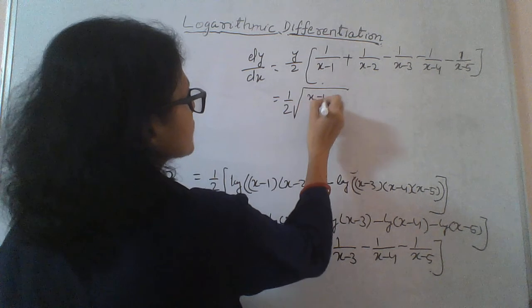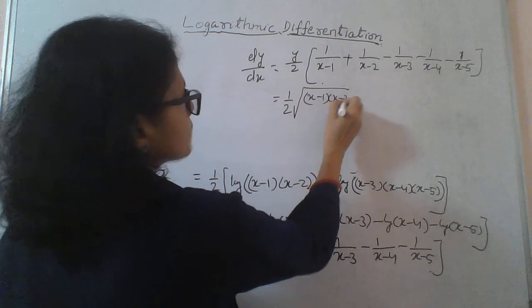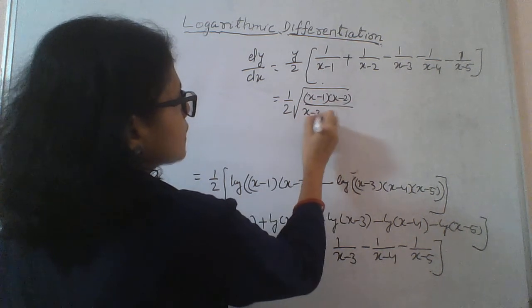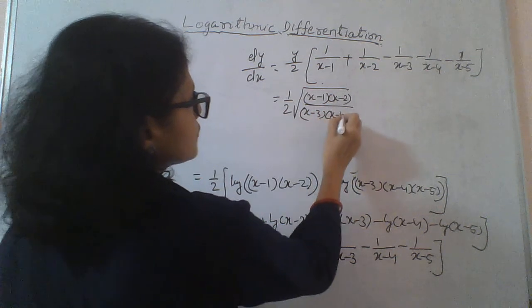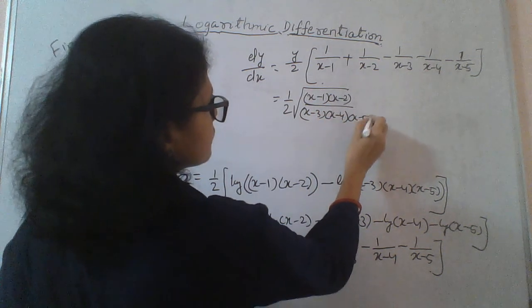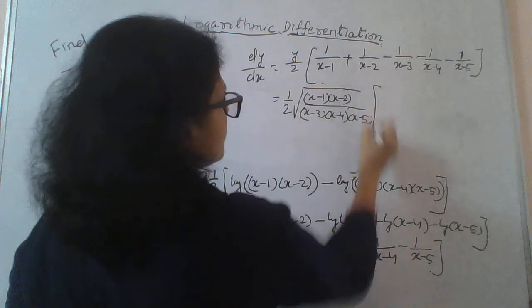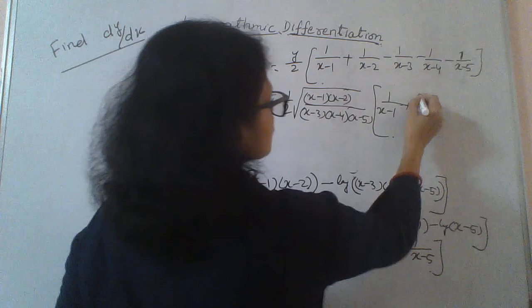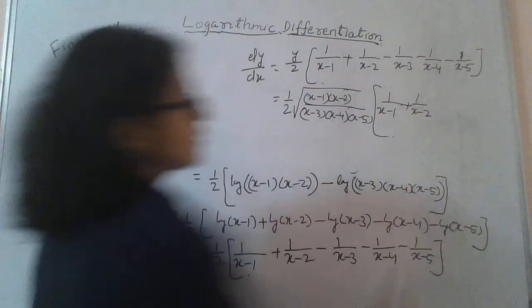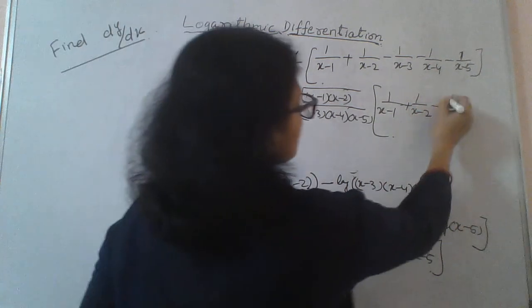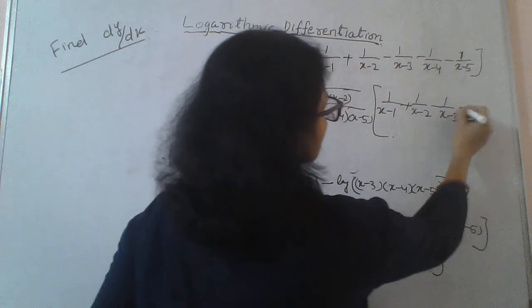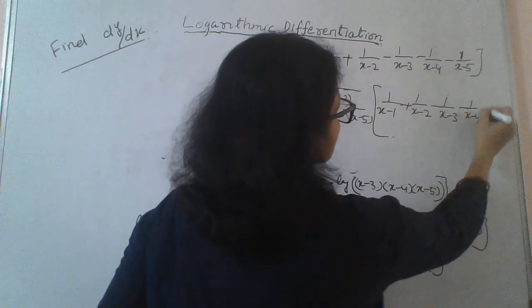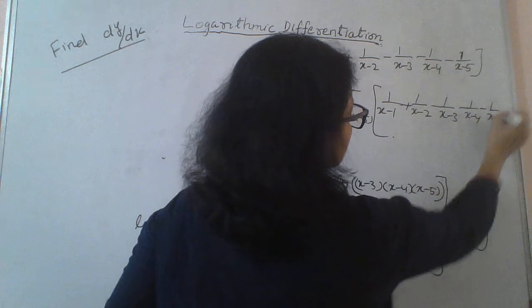Under root (x minus 1)(x minus 2) by (x minus 3)(x minus 4)(x minus 5). Okay, this is y. Then whatever we have here, 1 by (x minus 1) plus 1 by (x minus 2) minus 1 by (x minus 3), and so on, this.